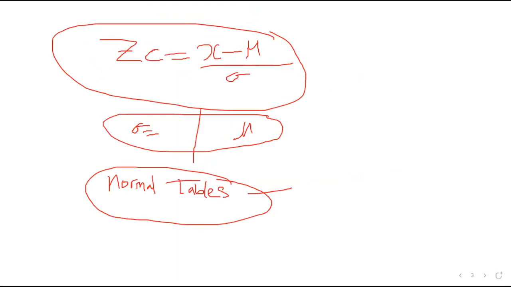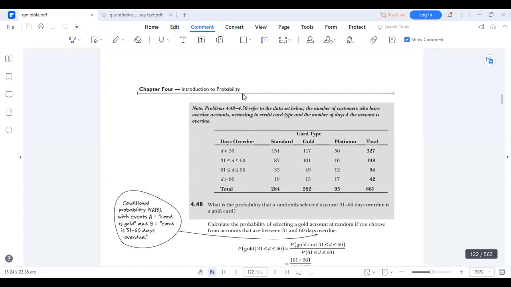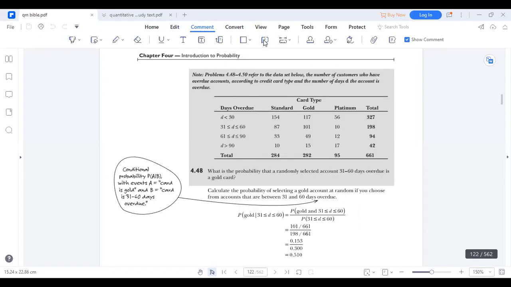And then also we can look at a question under this one.